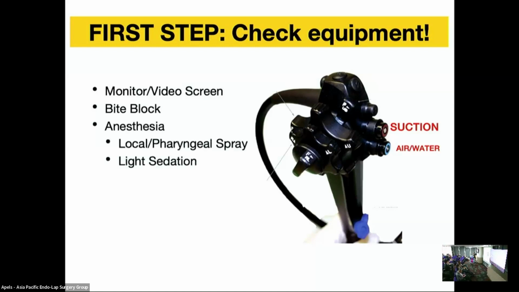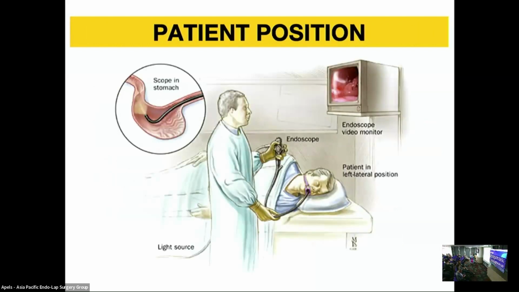If you're going to do EGD, most of the time this is under local or light sedation, so you can spray with lidocaine prior to insertion of your scope. And of course, the scope itself: you have to check the light and the buttons, whether the buttons are there. Because sometimes they just give it to you and you don't know if it's complete or not.